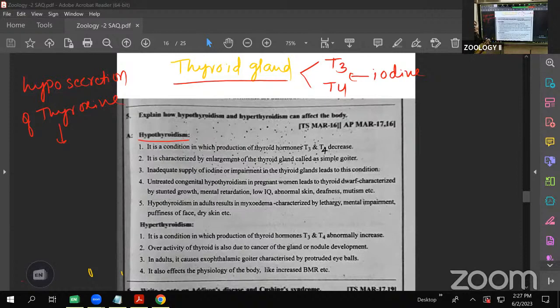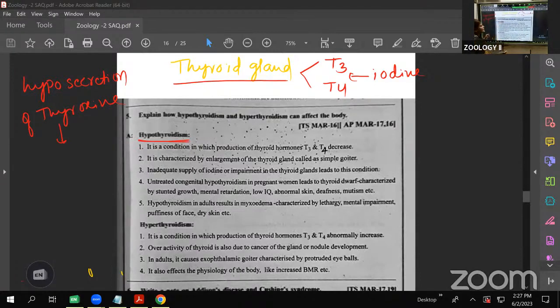The thyroid gland is present between the pharynx and larynx, is butterfly-shaped, and secretes the two hormones T3 and T4.